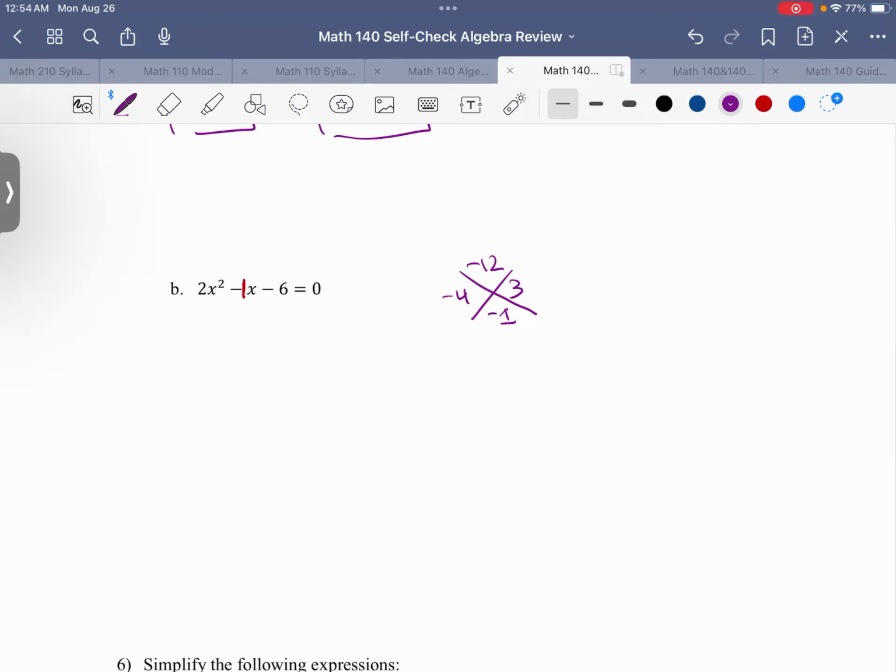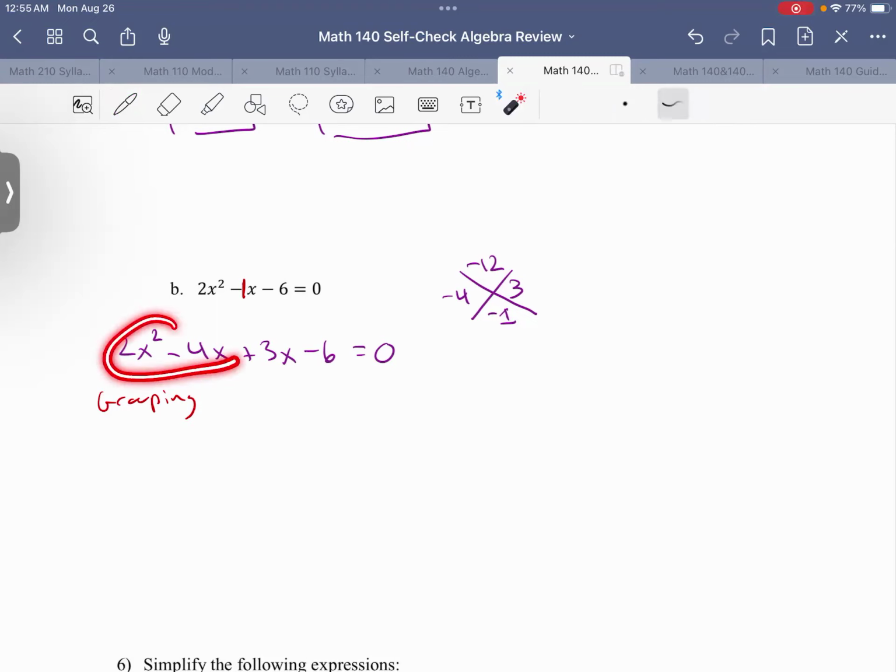So what this becomes is 2x squared minus 4x plus 3x minus 6 equals 0. And now we're going to start grouping. I'm going to factor out what these two have in common. They have a 2x in common to factor out.